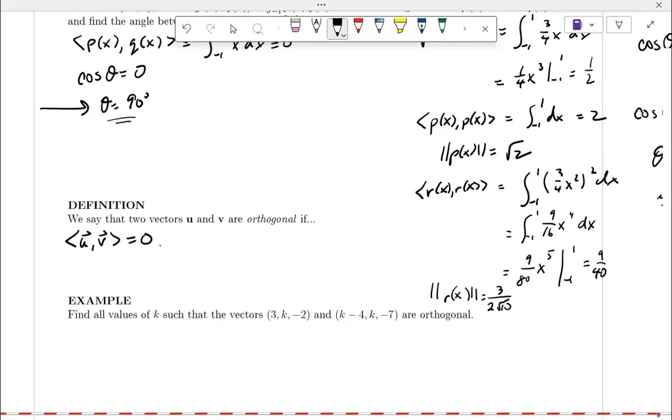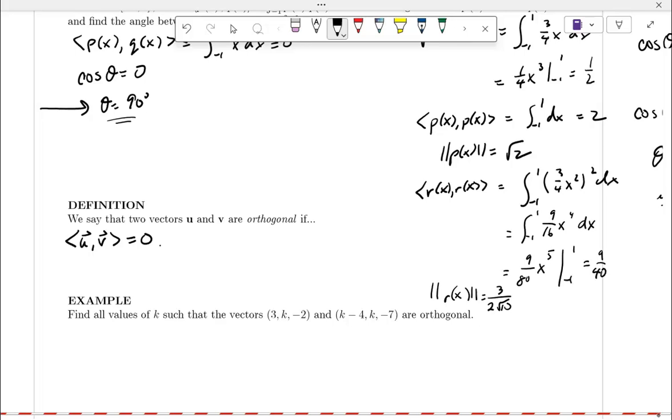I know that if you've taken Calc 3, you use this to talk about perpendicular vectors if their dot product is 0. We're extending that notion to any inner product space. Any inner product space, we refer to them as orthogonal if the inner product is 0, and that's, again, like I said, going to help us out in the next section here in a few minutes.